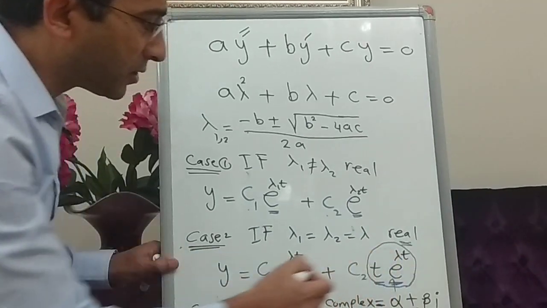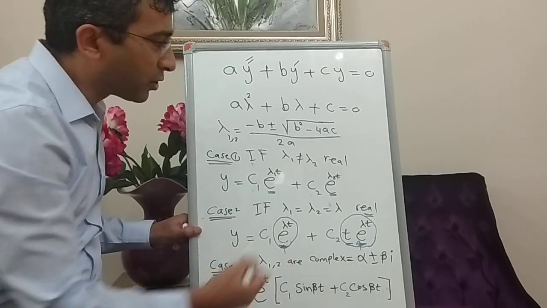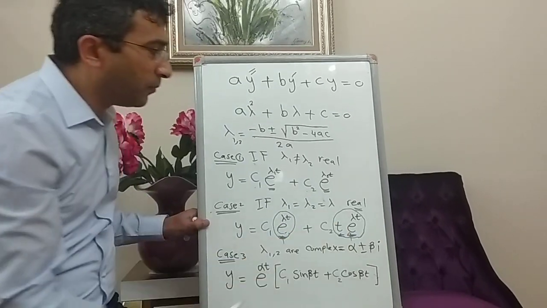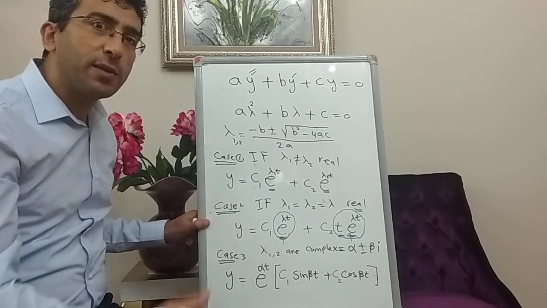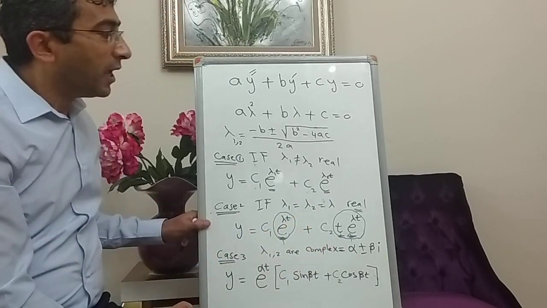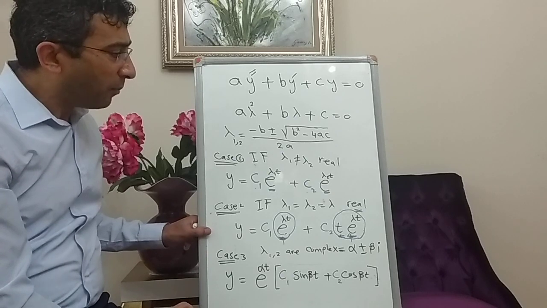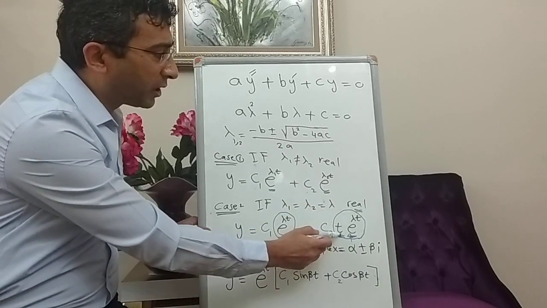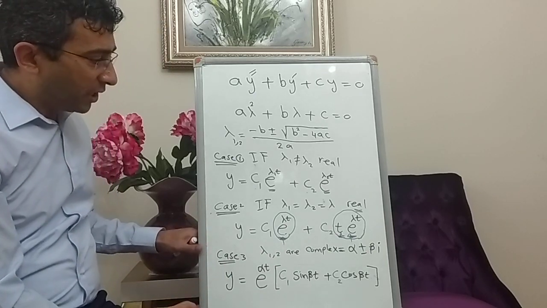This function is now not the same as this function. So you should multiply by t. This comes from theory. I will explain in another video where this t comes from. But for now, if the roots are equal, you should multiply the second function by t.